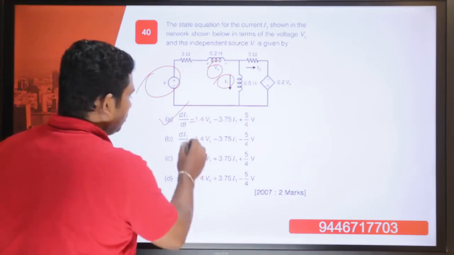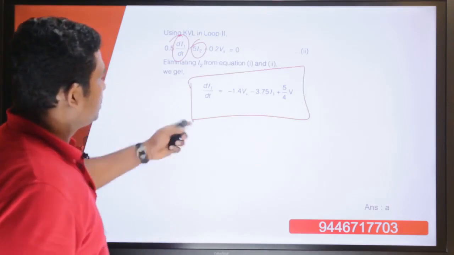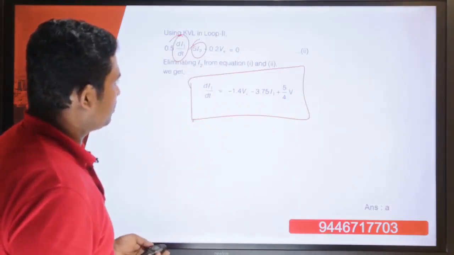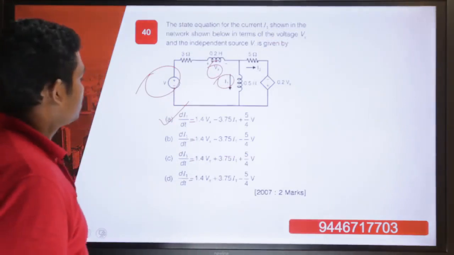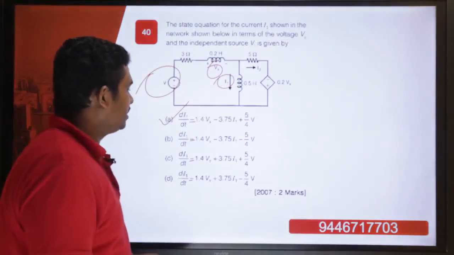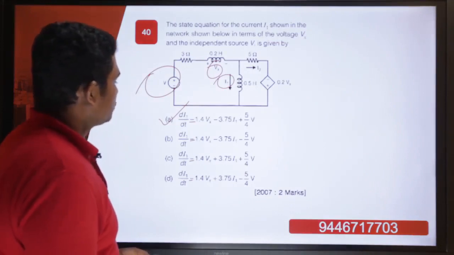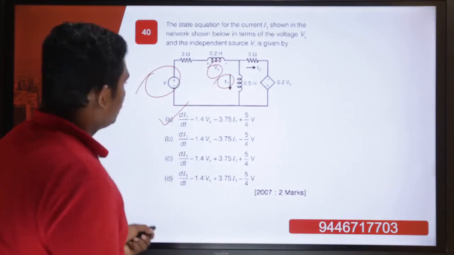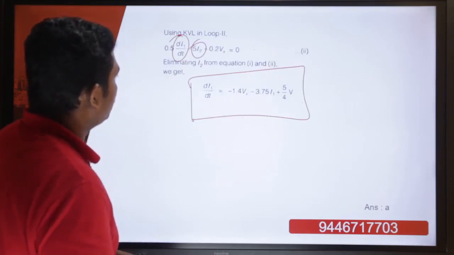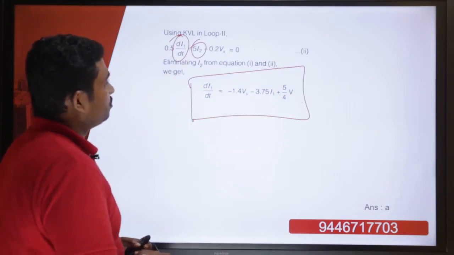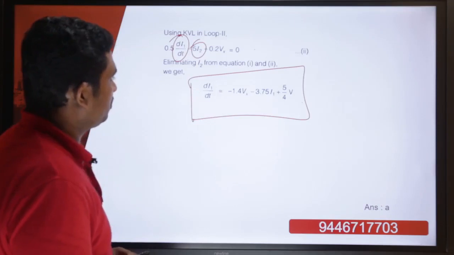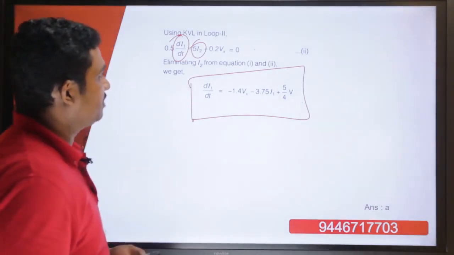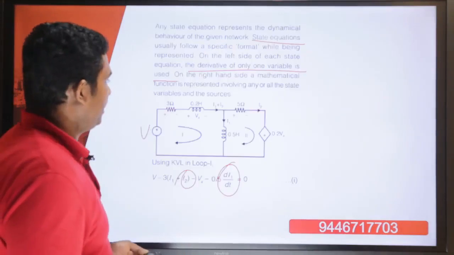So you have to make it in this form: di1 by dt is equal to minus 1.4 Vx minus 3.75 I1 plus 5 by 4 V. Eliminating I2 from equations 1 and 2, we will get di1 by dt is equal to minus 1.4 V of x minus 3.75 I1 plus 5 by 4 V, which comes to be option A. So option A will be the answer.